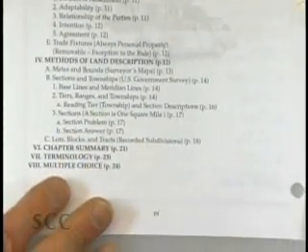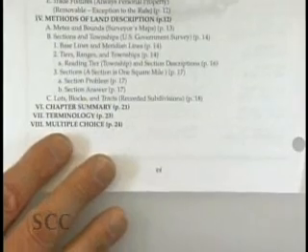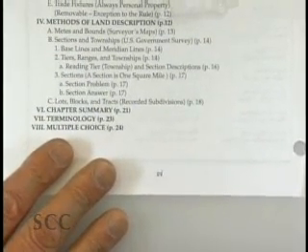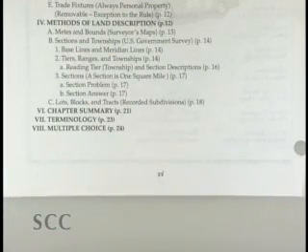The next thing that we talked about in Chapter 1 was something called methods of legal descriptions. This becomes very, very important that you understand how to at least read a legal description. And we talked about the fact that there are three different kinds.